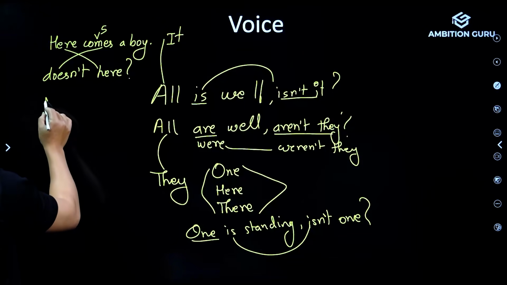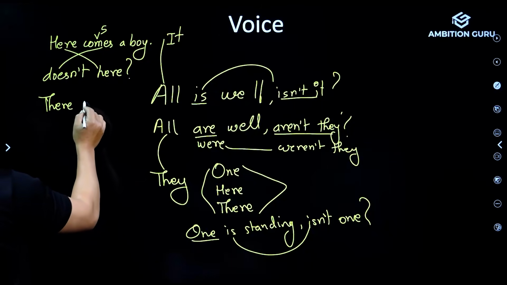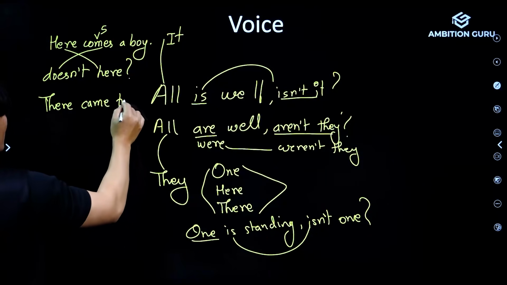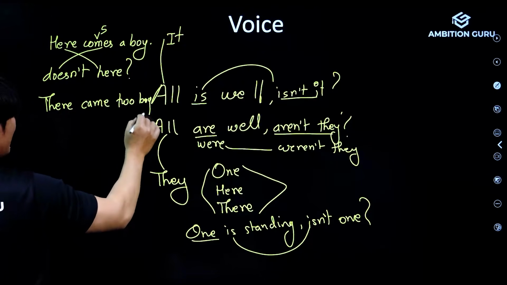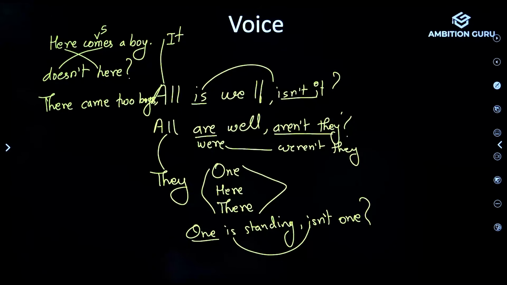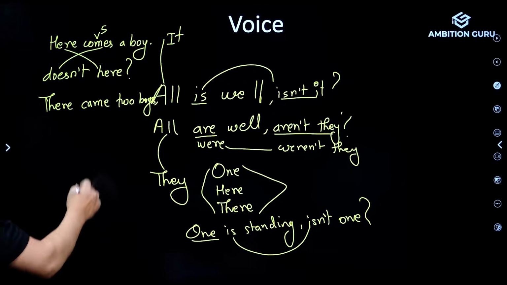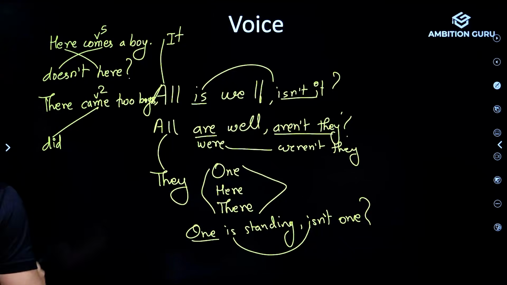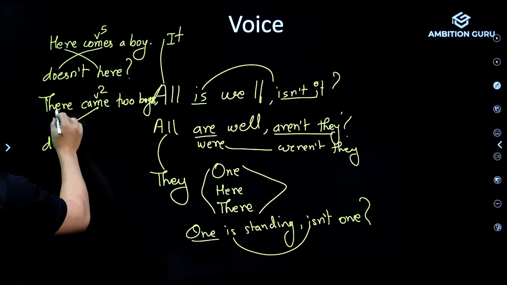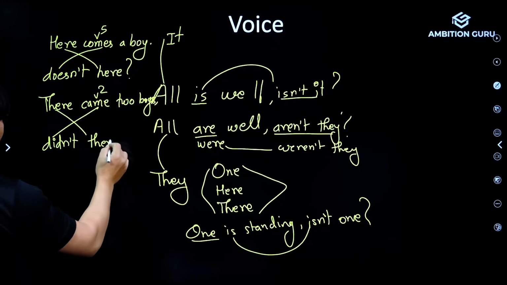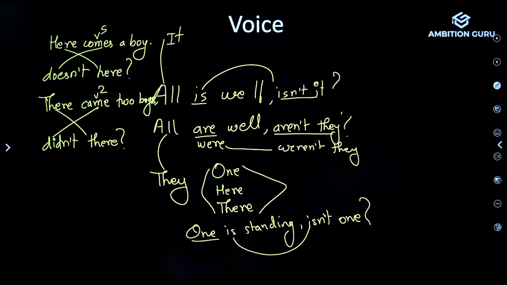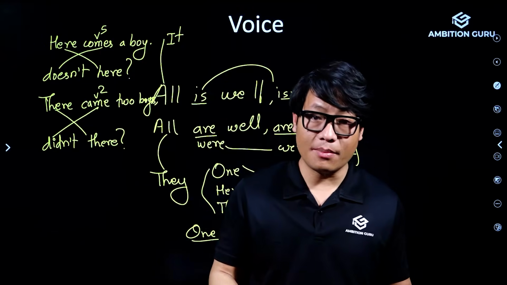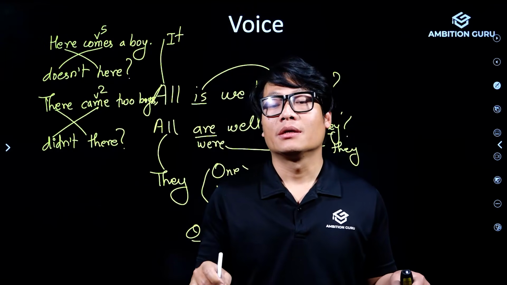But if I write there came two boys, now what's the answer? Came is past tense. That's why the auxiliary is did, and the negative is didn't, and there remains there. Didn't there, like that. So I think you don't have any problem with the tag questions. Clear?